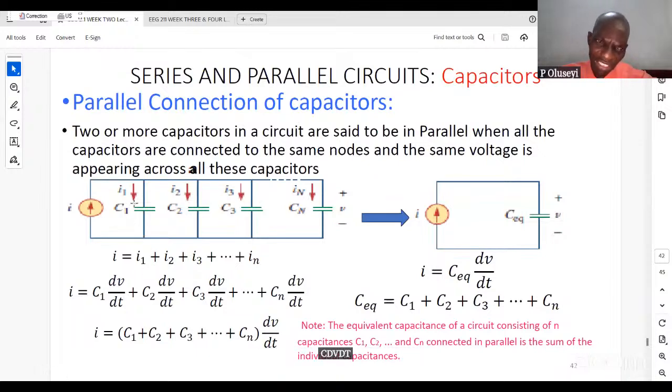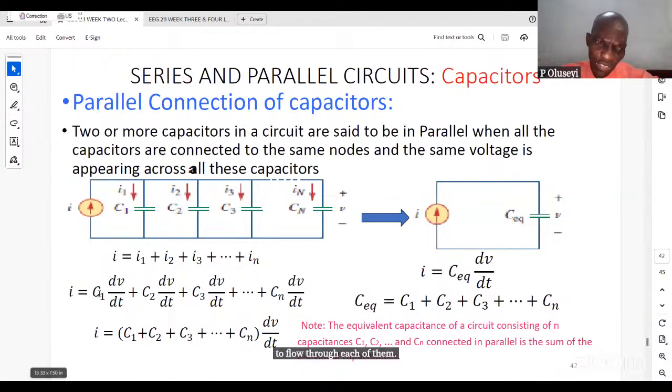So for capacitor 1, it is C1 dv/dt, because the same voltage is dropping across them. If you look at the circuit diagram on your left, you see that I put V across them, and the same V will drop across all of them, while different currents flow through each of them.